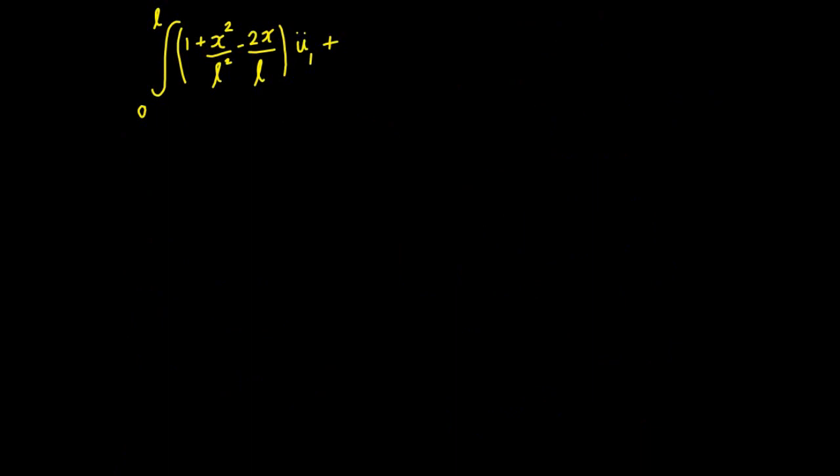N1 is 1 minus x over L, N2 is x over L, so I get x over L minus x squared over L squared if I multiply N1 and N2. Into u2 double dot. And I'm going to integrate the entire term with respect to x.